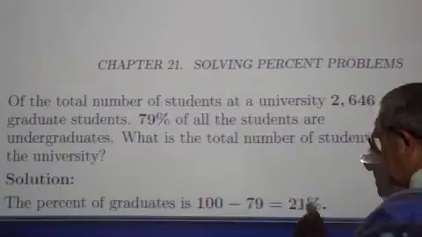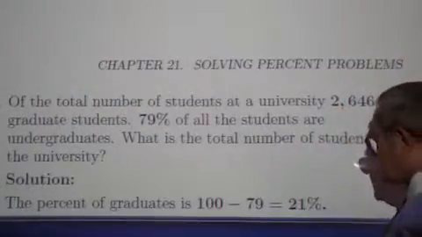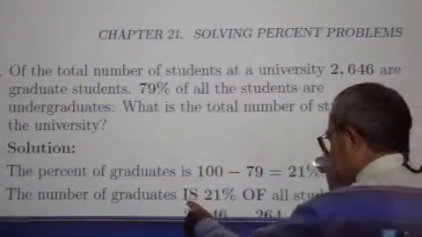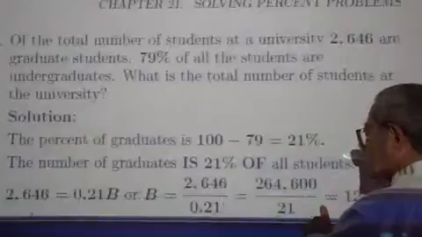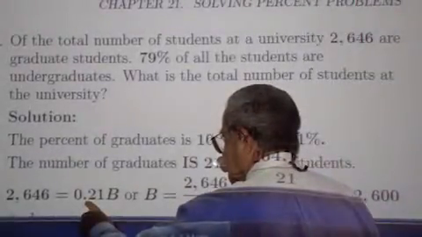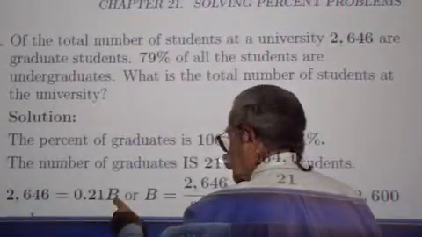So 21% are graduate. 2,646. The number of graduates is 21% of all students, that's 0.21 of the number of students.